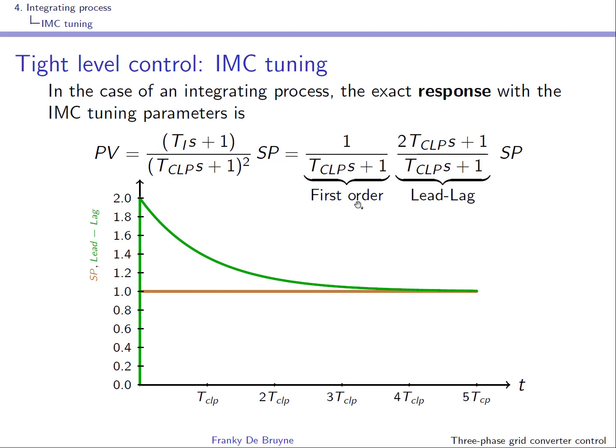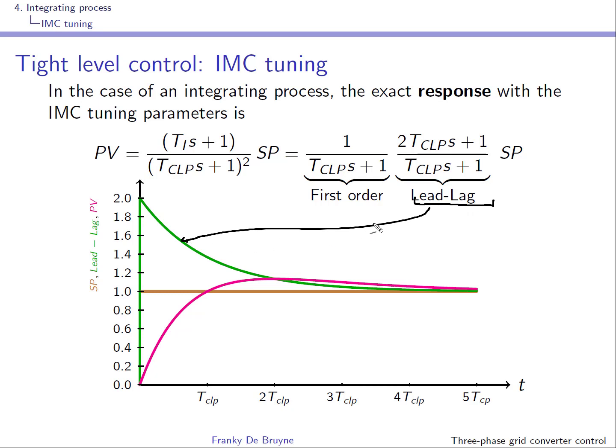If you now combine the lead lag part in green, and if you think that this green curve goes through a first order, you can imagine that the response of your integrating system with the IMC tuning parameters will look like this curve over here.